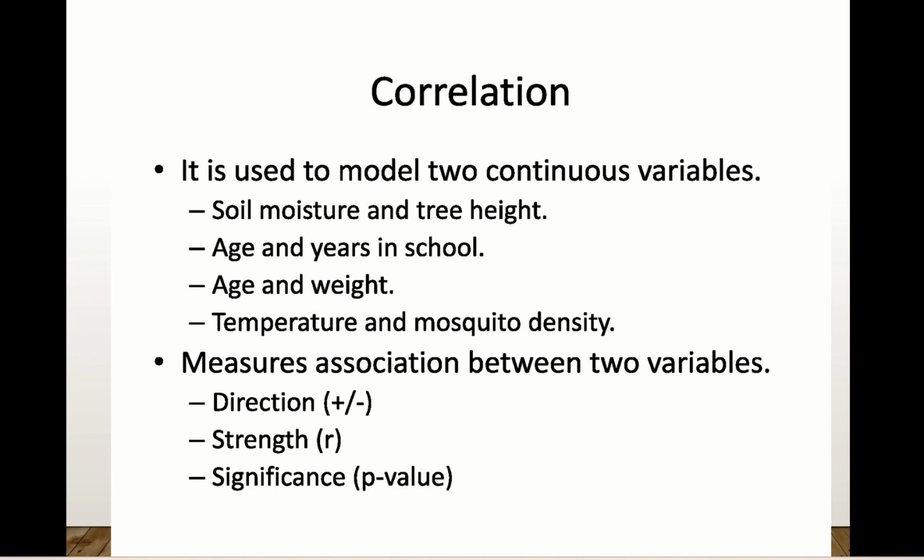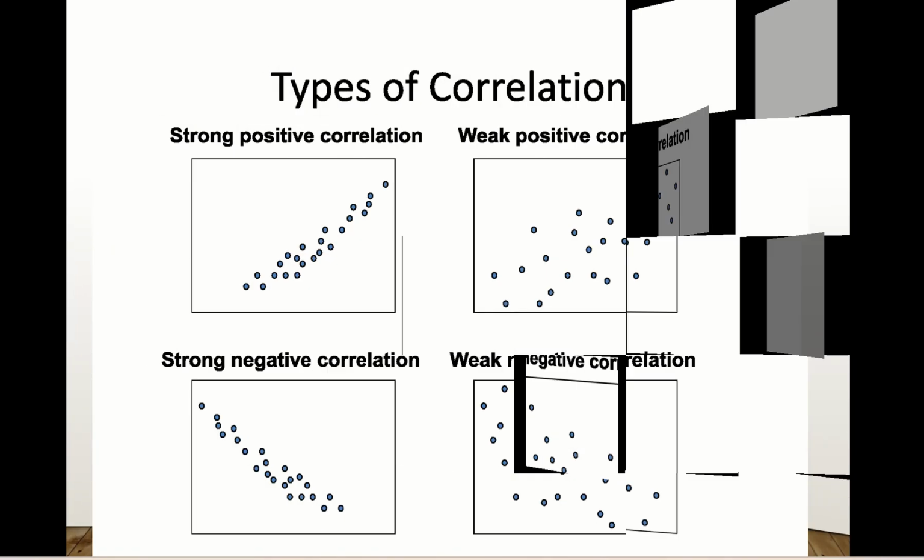And there's 3 major ways that we can describe the goodness, or the nature I should say, of our correlation. The direction, whether it be positive correlation or negative correlation, how strong or how good the association is, and then also whether it's significant or not, which we can look at the p-value to determine whether a correlation is statistically significant or not.